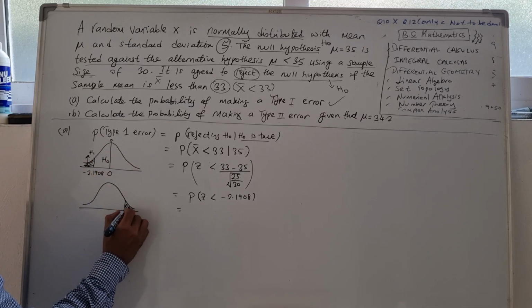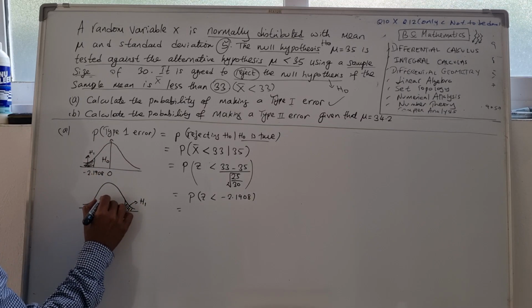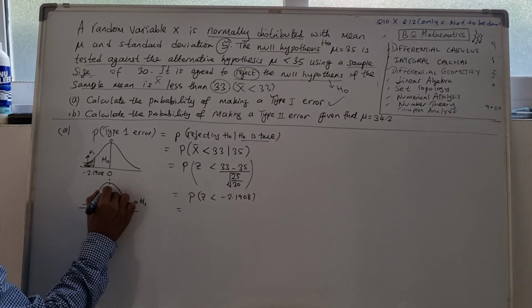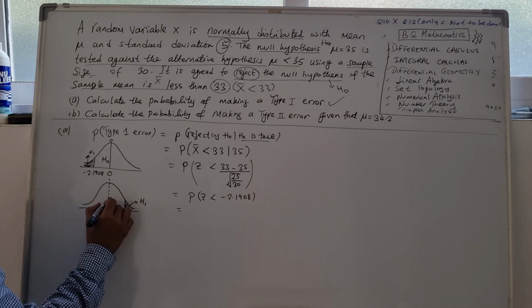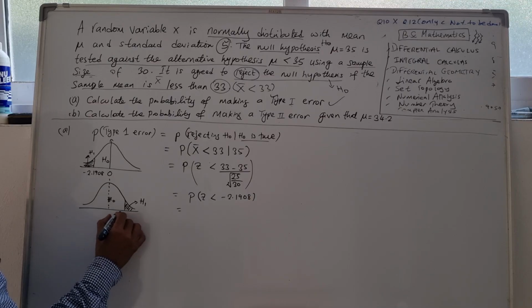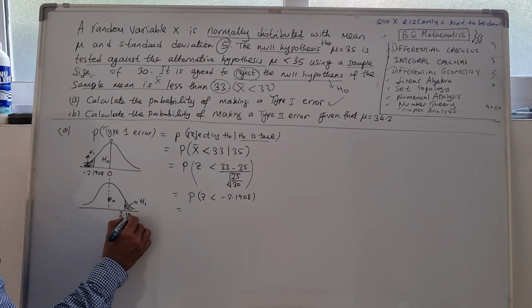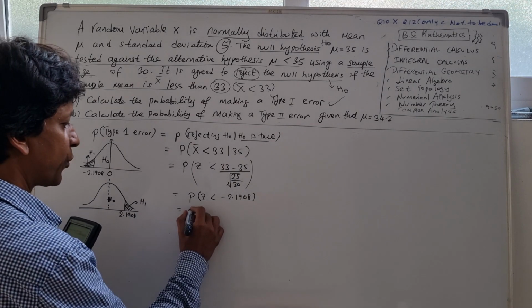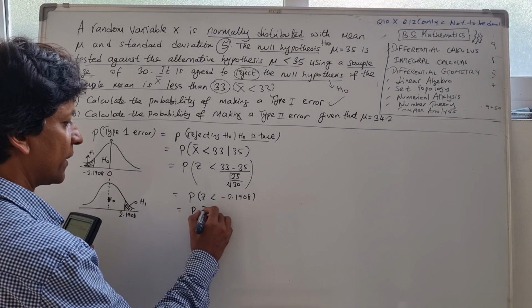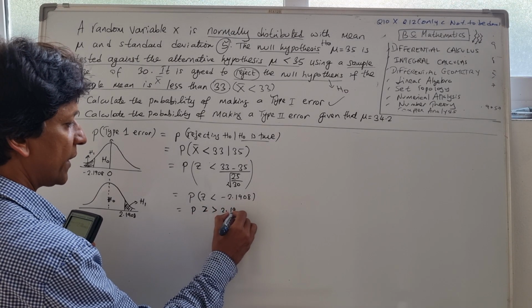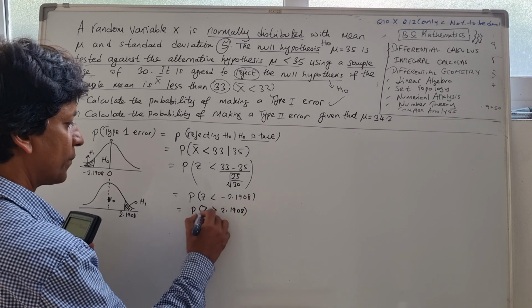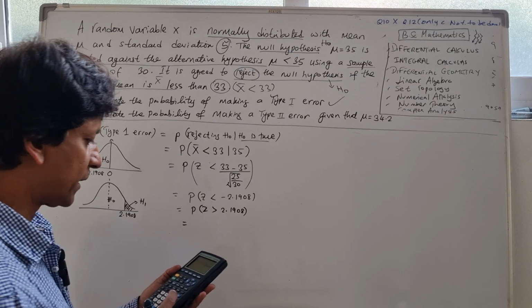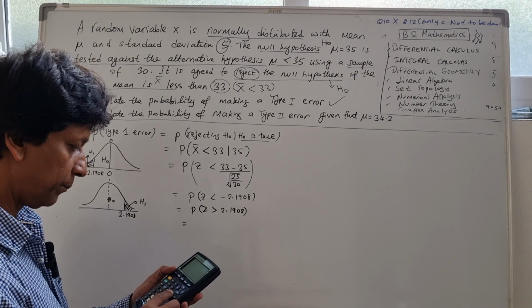So this is where your H1 is, and that's where your H0 is. Now we're going to put this as a positive value, 2.1908, and so we have the probability of z being greater than 2.1908.